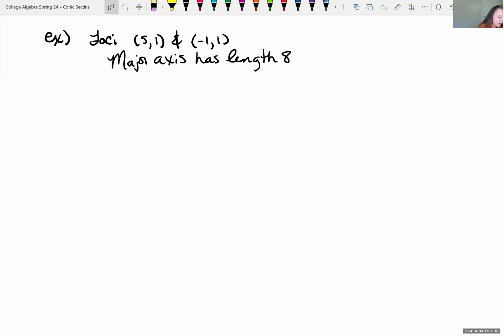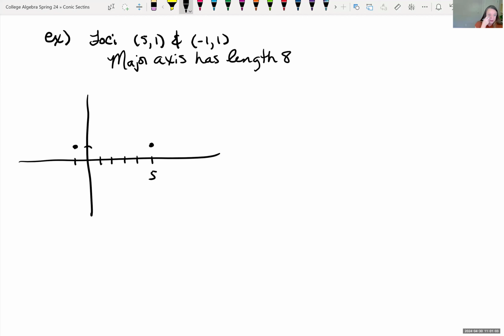So if I plotted my points, 5, 1 and -1, 1. So going over to the right 5, up 1, I have 1 foci. And if I go to the left 1, up 1, I have another foci.